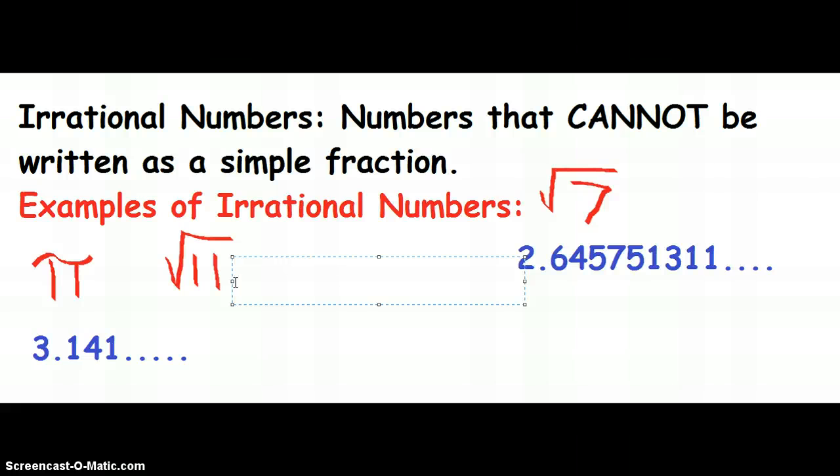That is about 3.31662479... and that just keeps going on and on forever. So irrational numbers, there's no way that you could write these numbers as a fraction. You could get close, but you could never get it as a perfect fraction.